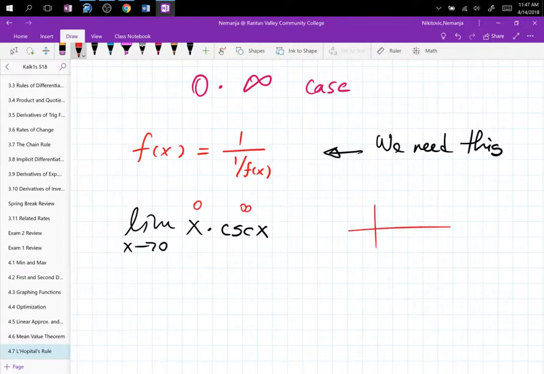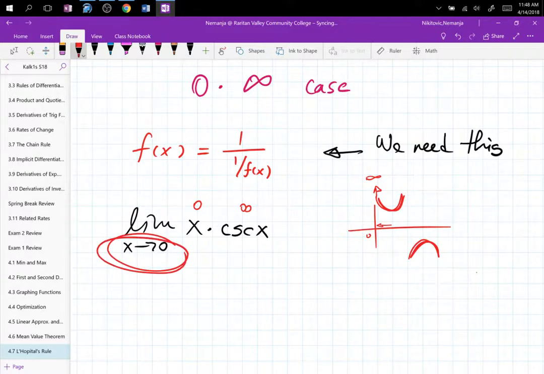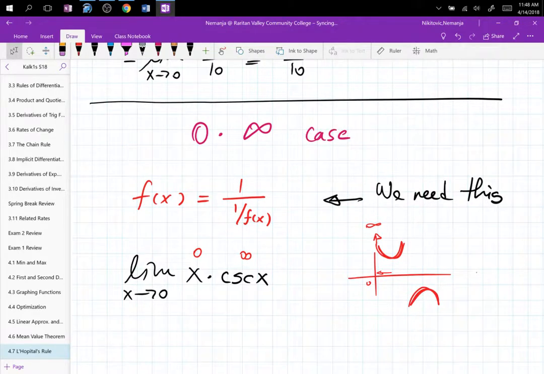Cosecant, if you don't remember, is a flip of sine. So it looks like this: a U shape over here and a U shape on the bottom. And the sine is just there to construct it. So you can see that as x goes to 0 from this side, it shoots to positive infinity on top. As the limit goes to 0, you see that the y value goes to infinity. So we have 0 times infinity, and this is the new case which we have to study.